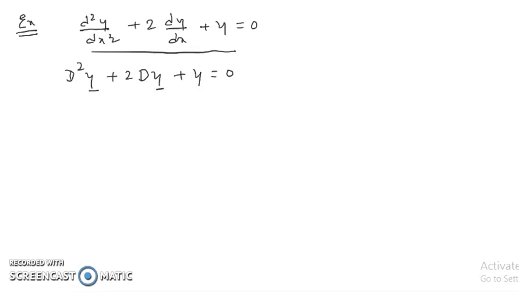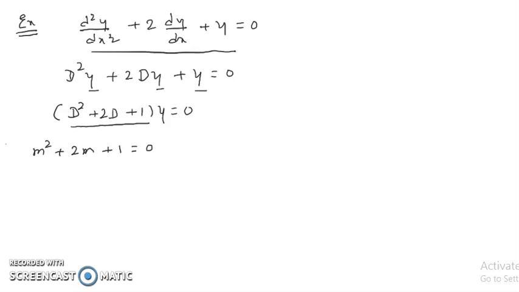Again, I can take y common, so I get D square plus 2D plus 1, into y, is equal to 0. So this is again m square plus 2m plus 1 is equal to 0, the auxiliary equation.